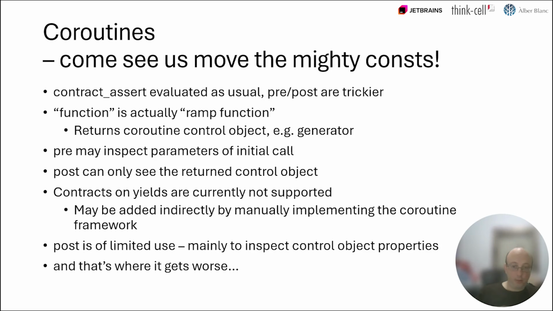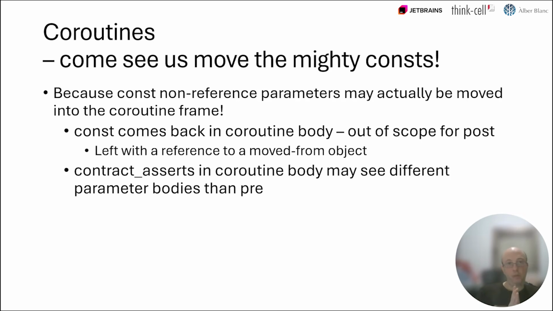And now we get to the really bad part. Bear in mind this is existing C++, since C++20 when coroutines were introduced. This is the only place in the language where const does not really count.